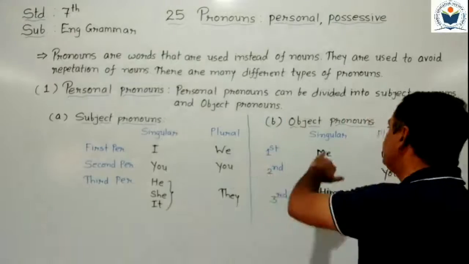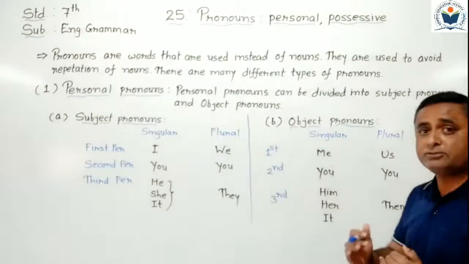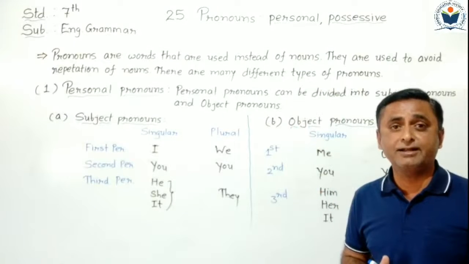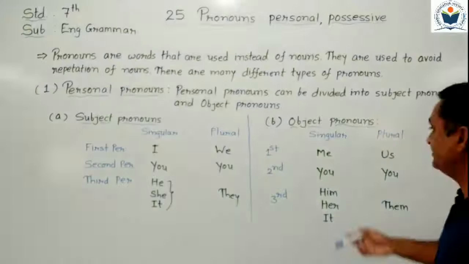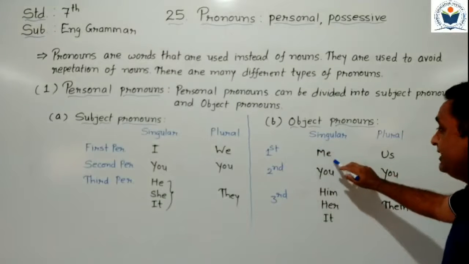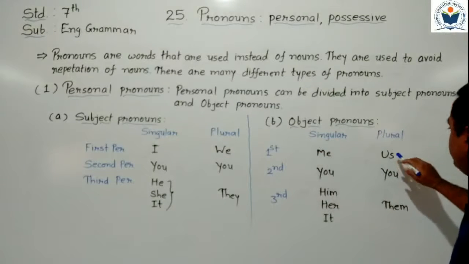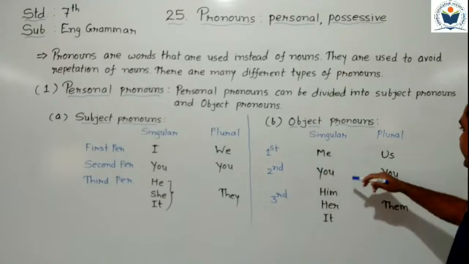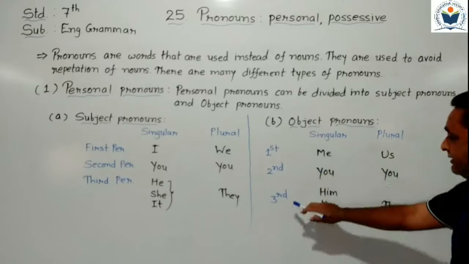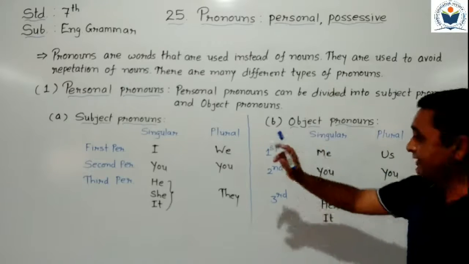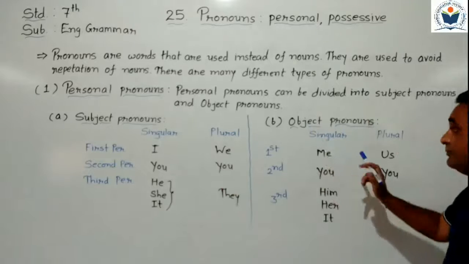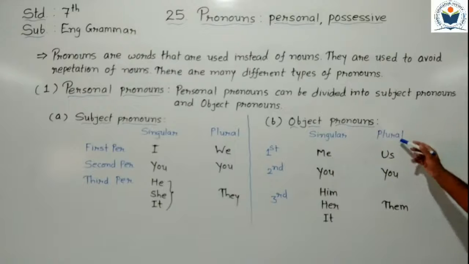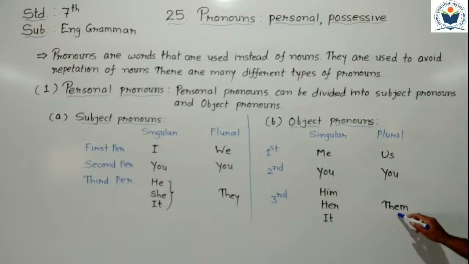Now about object pronouns. If we put pronouns instead of an object, object की जगह पे जो हमें प्रोनाउन लगाने पड़ते हैं तो वहां पे हमें क्या लिखना होता है? First person singular me, first person plural us, second person singular you, second person plural you, third person singular, here we are putting object pronouns, so him, her and it we have to write, and as a plural we have to put them here.